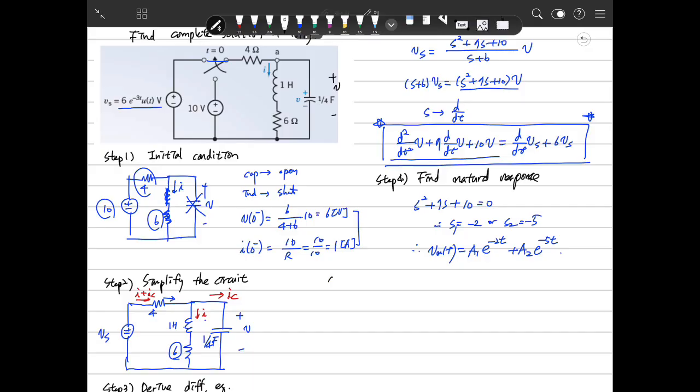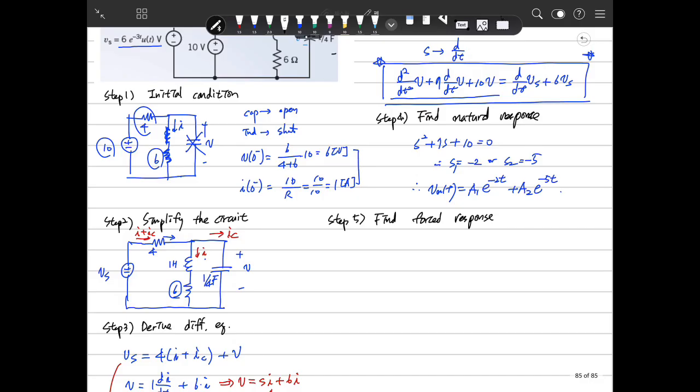Then step 5, find the forced response. To get the forced response, we need to find out that the variable is Vs here. Then the right side is dVs/dt plus 6Vs.